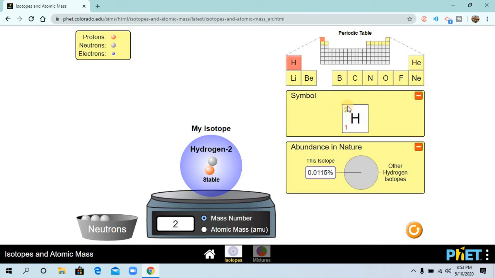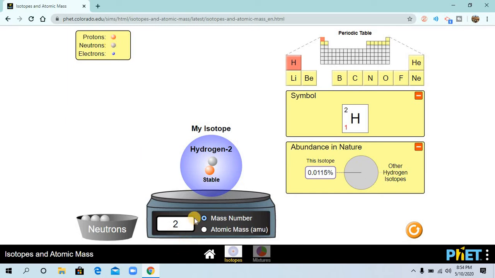This upper 2 is the atomic mass, and this lower 1 is the atomic number. Isotopes have the same atomic number but different atomic masses, because the neutron doesn't play any role in charge or anything else, it just adds to the mass number.